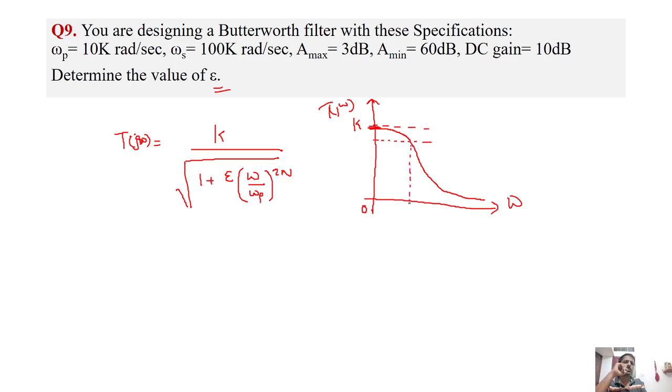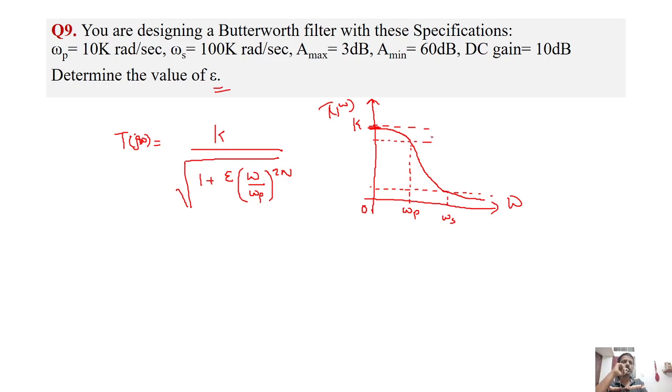One is the cutoff frequency, or the end of the pass band, which is given as omega p, and we mention omega s as the start of the stop band. So this is omega p and this is omega s.